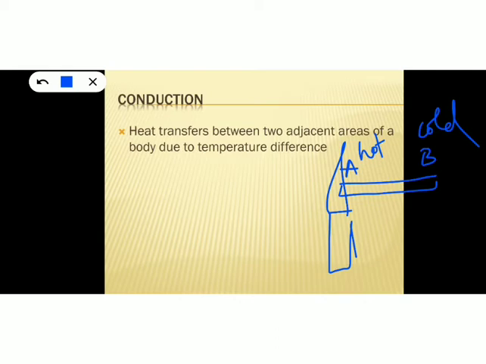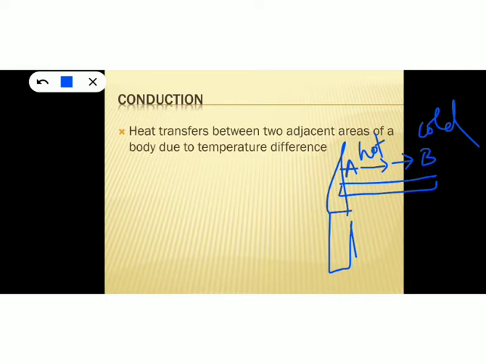As soon as a temperature difference is created, heat starts to flow from the hotter body to the colder body. So there is a flow of heat from A to B. That means heat transfers between two adjacent areas of the same body due to temperature difference. This type of heat transfer is known as conduction.